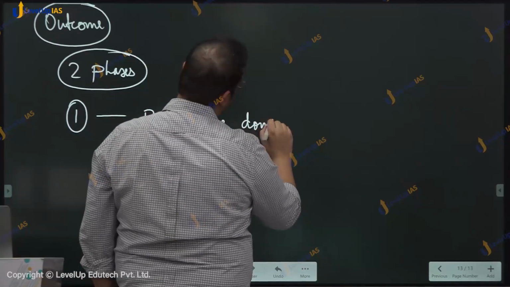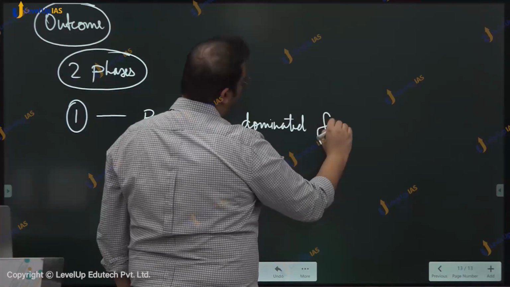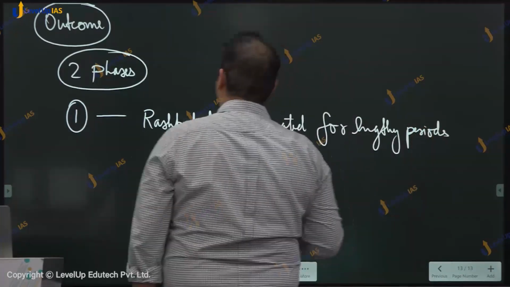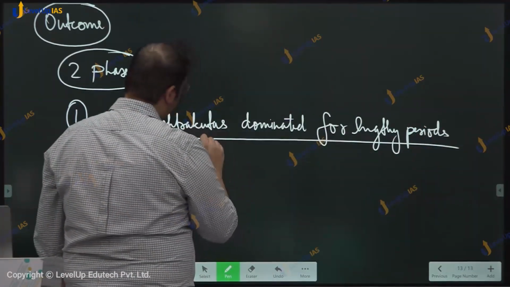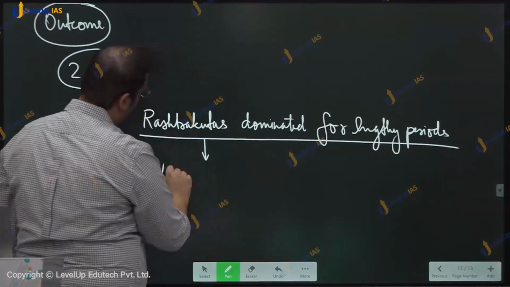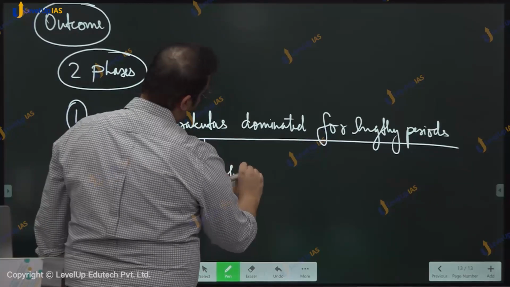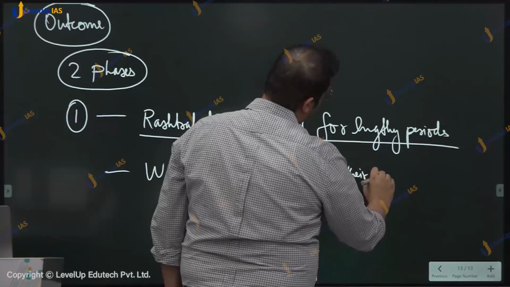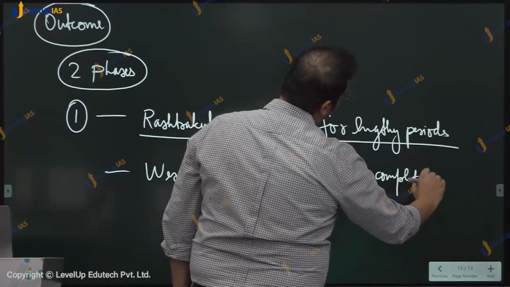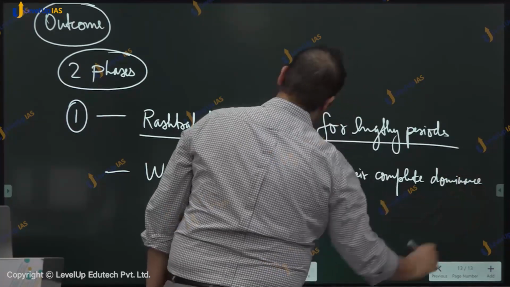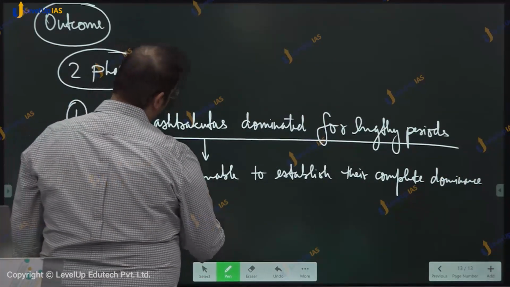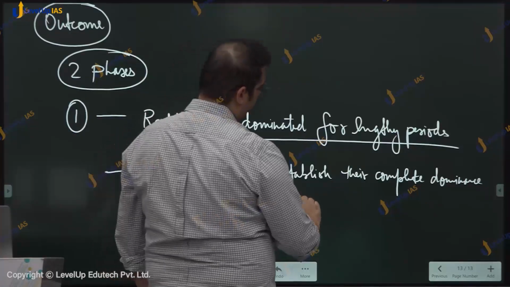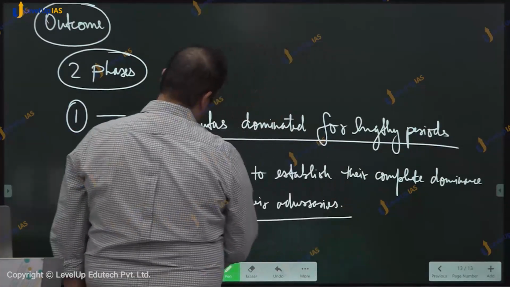Rashtrakutas dominated for lengthy periods, but they were unable to establish their complete dominance by uprooting their adversaries.